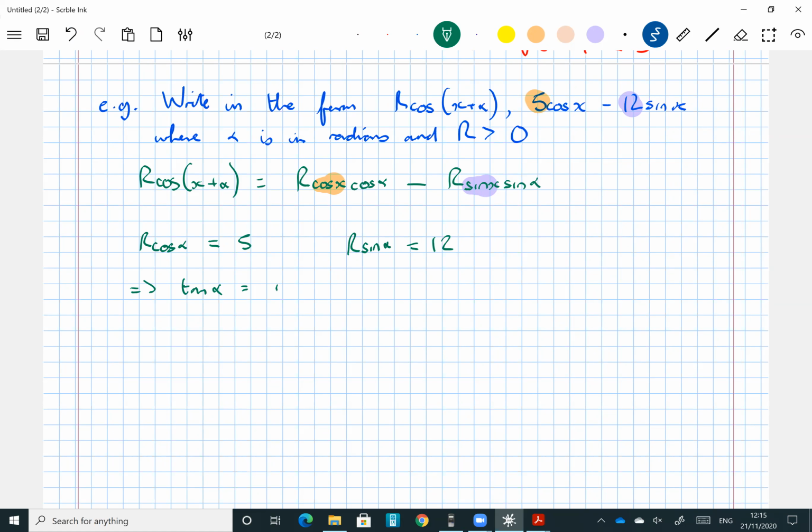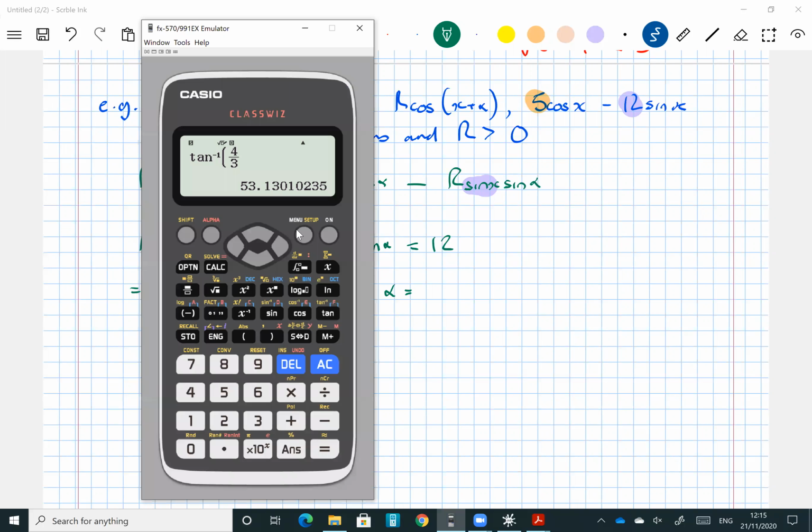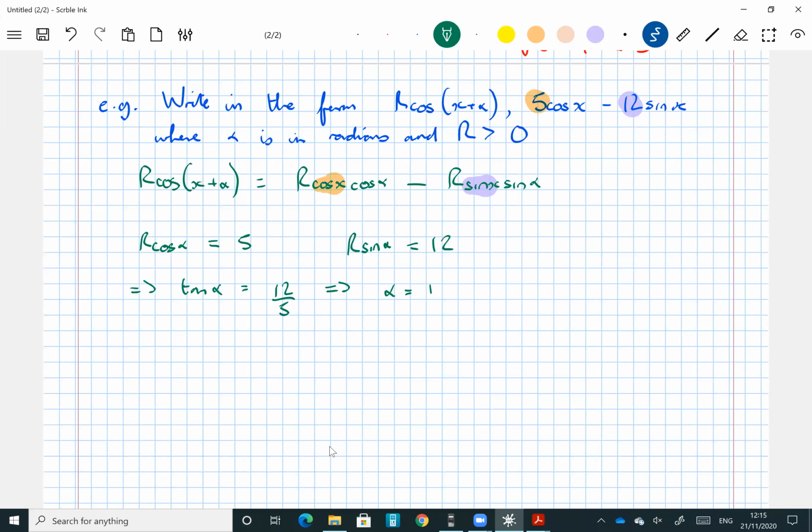So 12 over 5, which means that alpha equals, and I specifically said I wanted it in radians, so I need to change my calculator mode to radians here. So arctan of 12 over 5 is 1.176. Arctan of 12 over 5 is 1.176 radians.